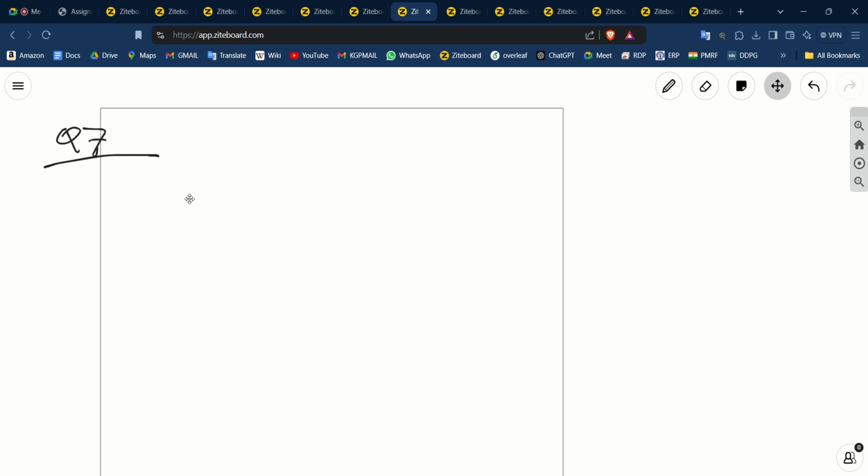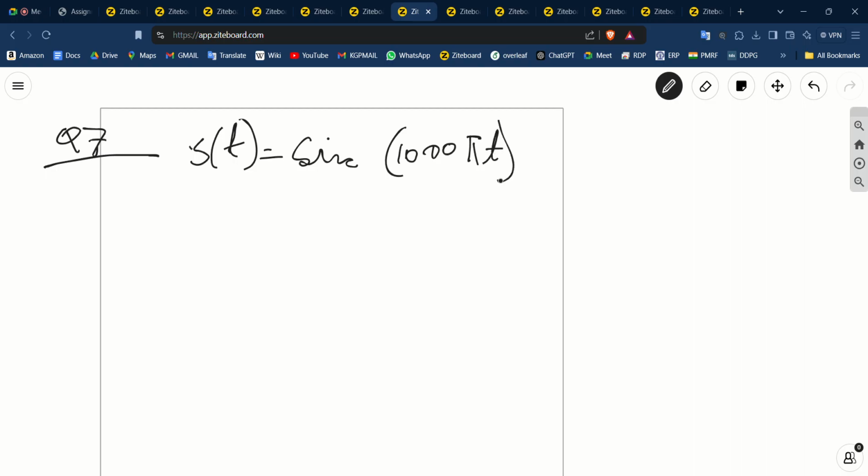One is sinc 1000 pi t, and another is sinc 500 pi t. So here this is a convolution.